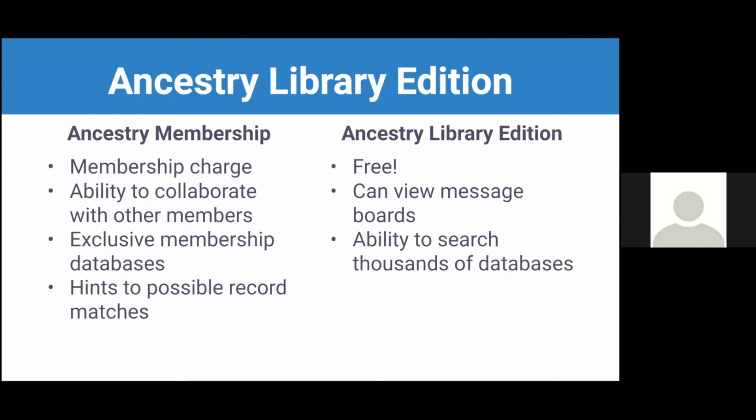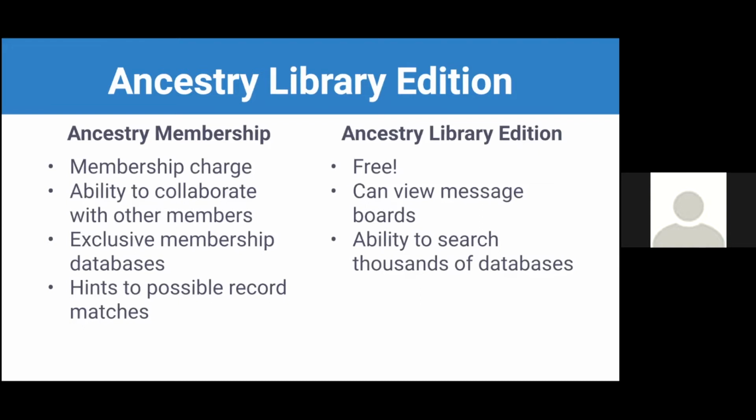Before we get started, this is going to be a little bit of a review if you attended the intro class, but we will be using the Ancestry Library Edition. Basically the Ancestry Library Edition is a free version of Ancestry that is available at all of our branch locations. A membership charge with Ancestry, just to compare, is about, as of this recording, $99 for 6 months, so it can be pretty expensive.